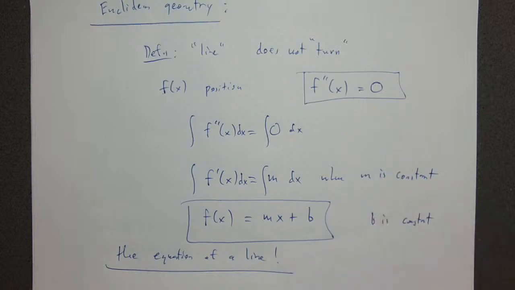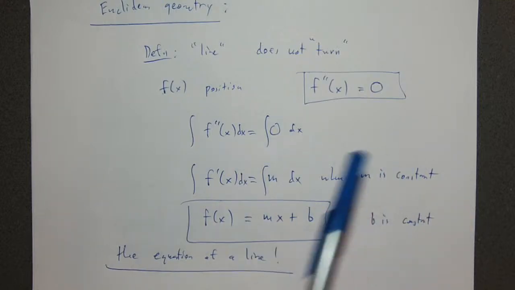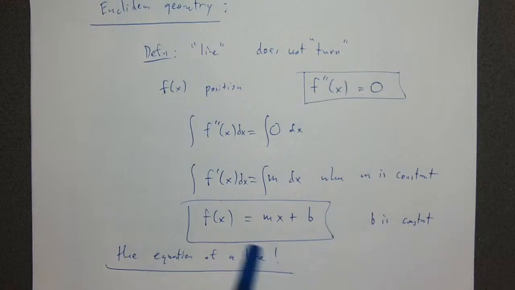You can go the other way. If I have any line that's not a vertical line, then this is exactly what the equation of a line looks like. A vertical line is not the graph of a function, so I would have to alter it a little bit. All right, so this is what the equation of a line looks like, and I'm good to go.